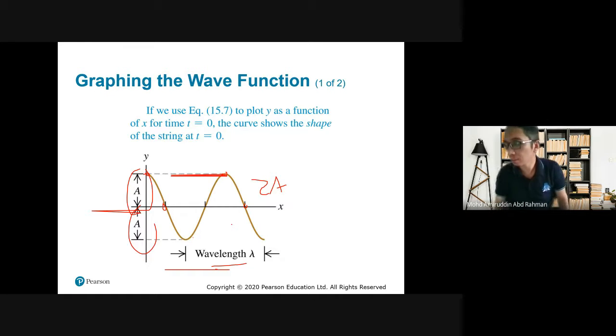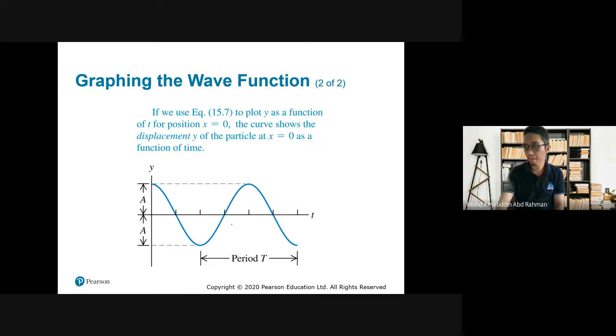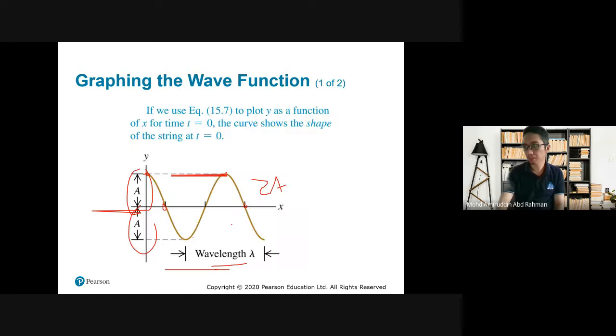That's how we calculate the wavelength. You need to remember that the wavelength is calculated based on the distance that the wave has already traveled.